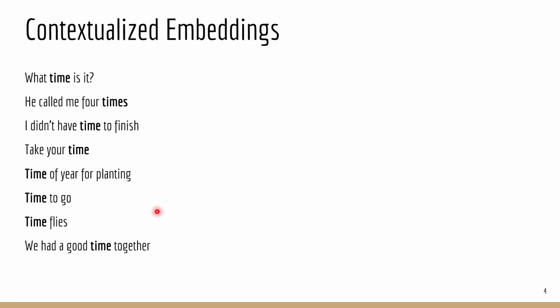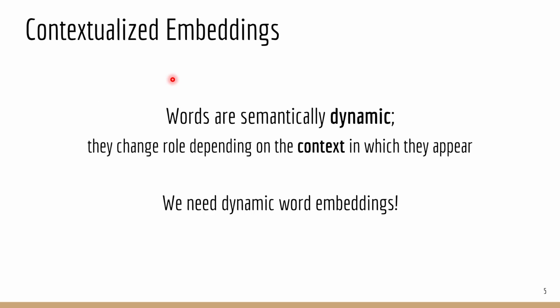And as you can see, we're talking only about the noun part of speech here, and not about the verb time. The same part of speech can appear in many different contexts with many different meanings. So words are semantically dynamic. They can change their role, semantic or syntactic, depending on the context in which they appear.